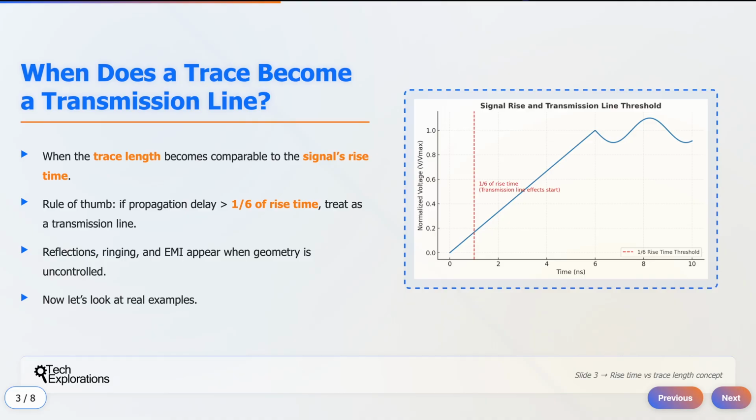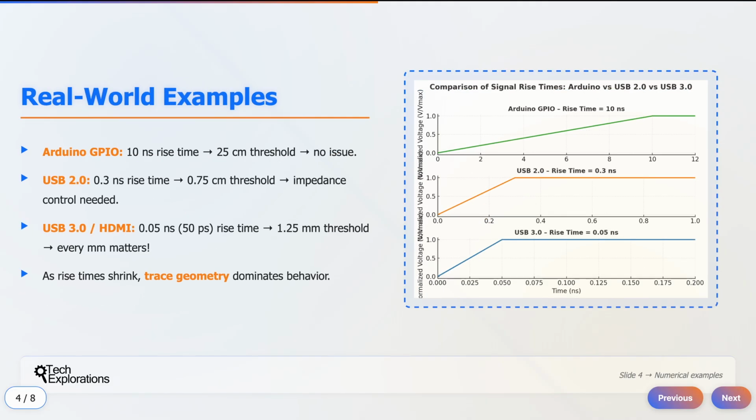Now let's look at some real examples. Let's consider Arduino GPIOs, which are considered low speed. For such signals, the rise time is about 10 nanoseconds. When we use FR4 as substrate material, the propagation speed is about 15 centimeters per nanosecond. So if we use the 1/6 rule, we multiply 1/6 by 10 nanoseconds and we get 1.67 nanoseconds.